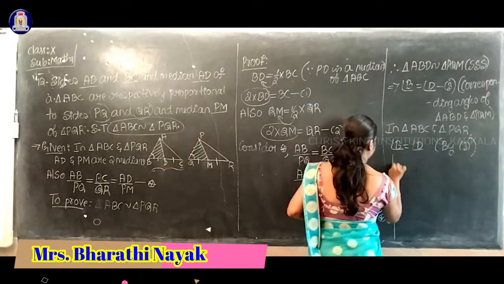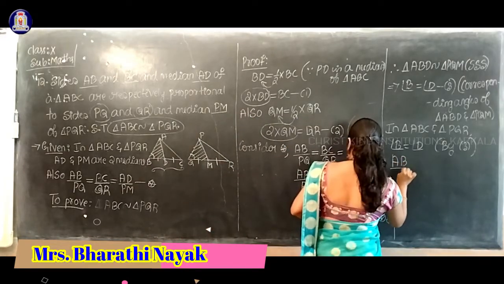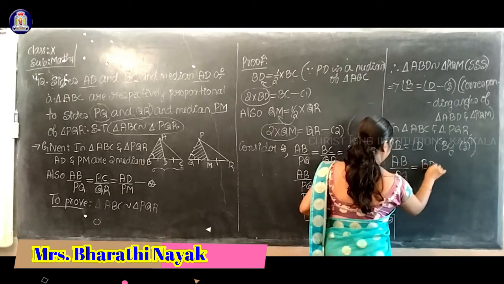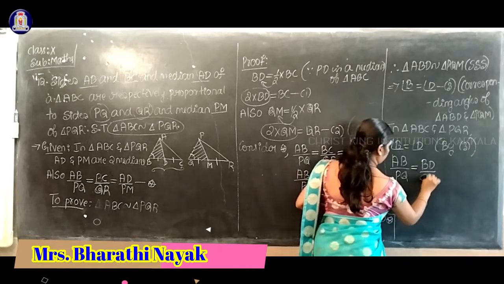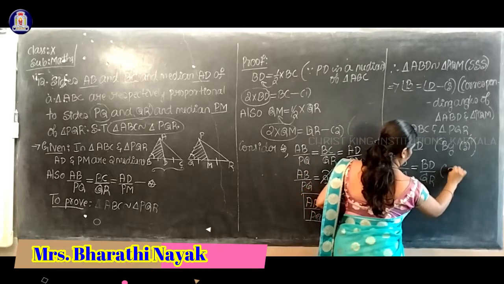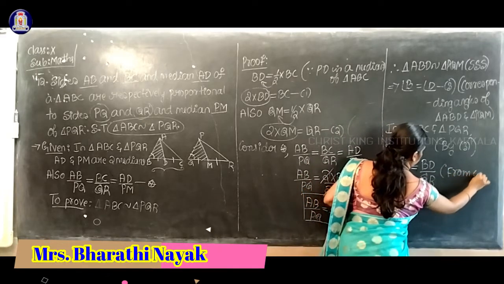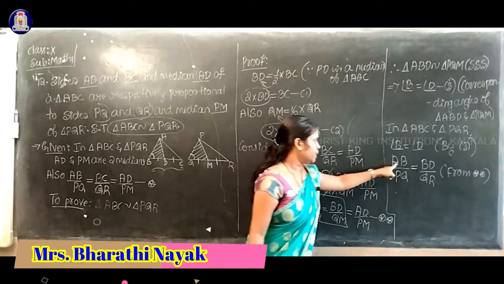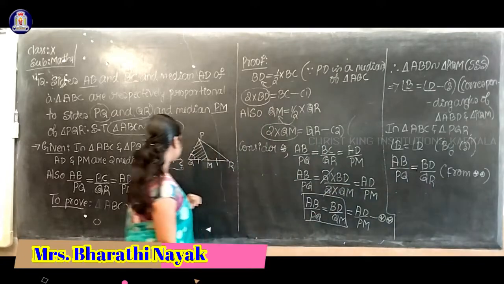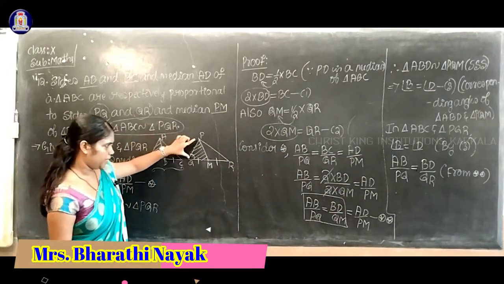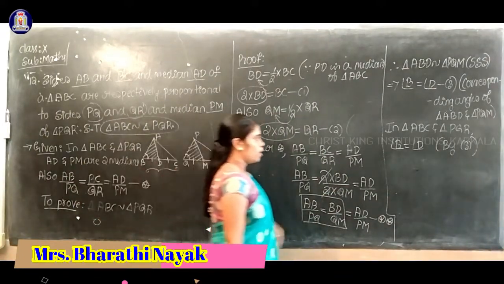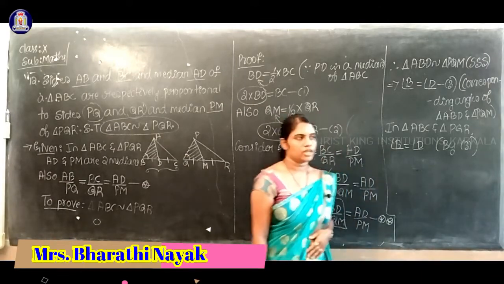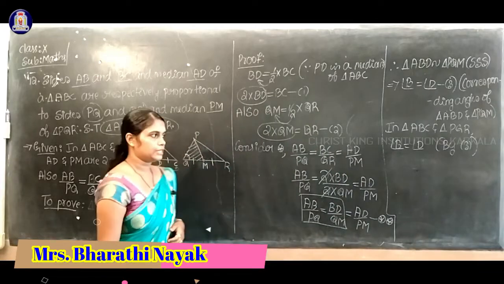AB by PQ equal to BD by QM. This is from double star. You just compare whether it holds, the side AB by PQ. So one result is already obtained, and we want one more result. How to get it?